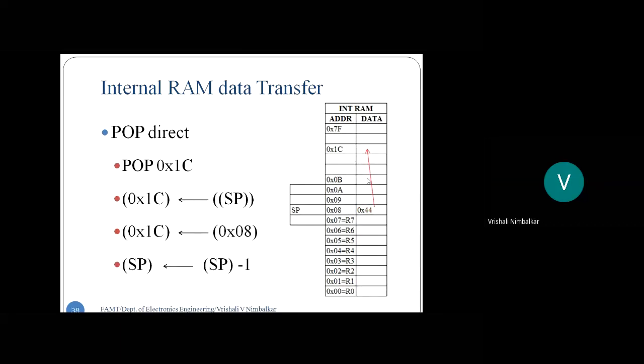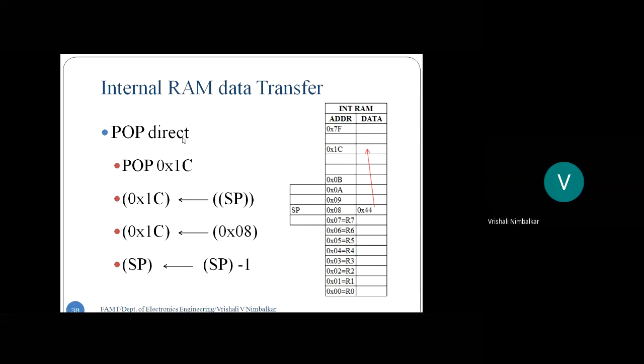Now we will see this pop instruction and then we will stop. Pop is reading data from stack memory. With pop direct, only one addressing mode is possible, direct addressing mode, so I need to give an address here. You're reading from the stack, so the source is stack memory and the destination is what you mention in the instruction.